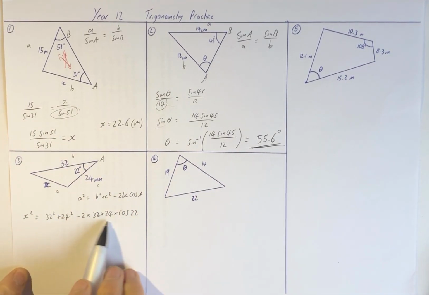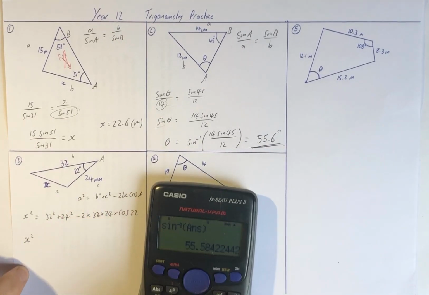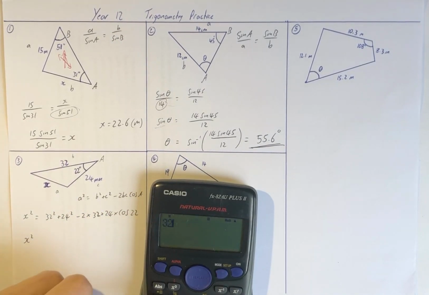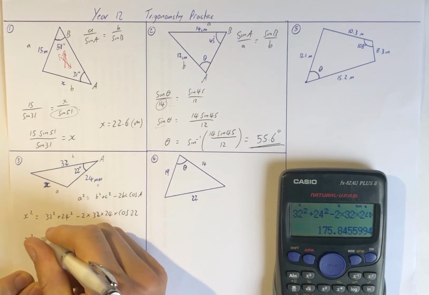I'm just going to chuck all of it in my calculator. I'll pretty much do that in one go. So 32 squared plus 24 squared, take away 2 times 32 times 24 times cosine of 22, and that's 175.9.